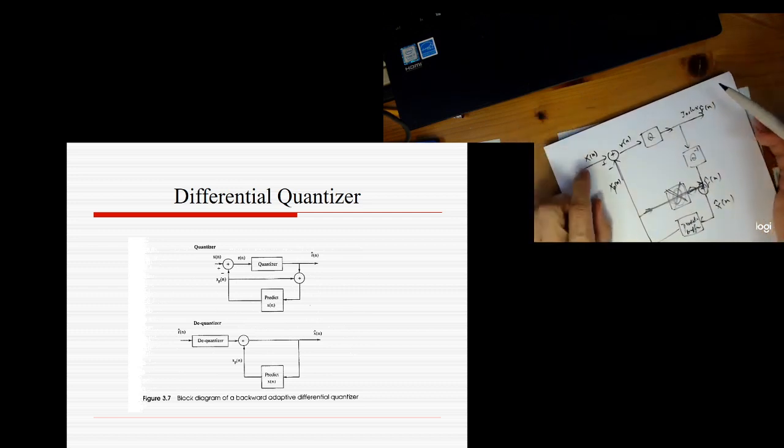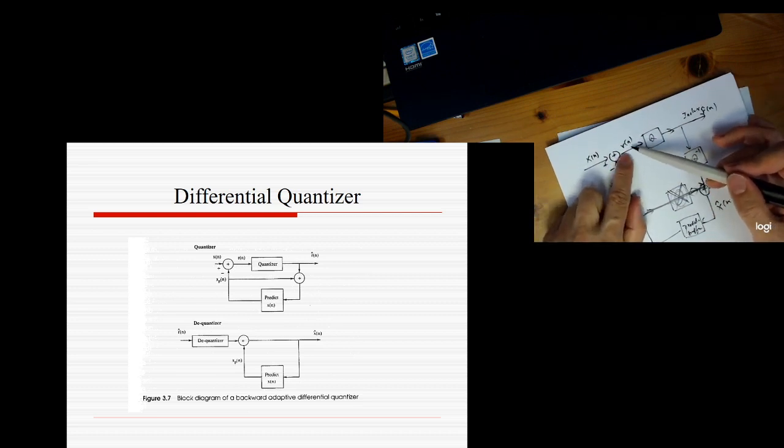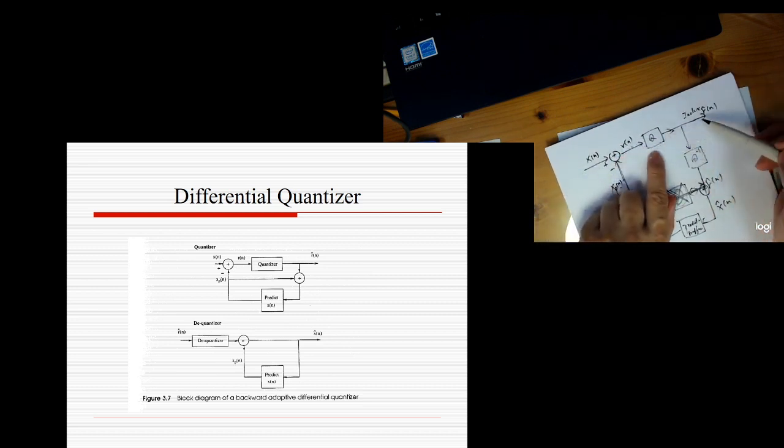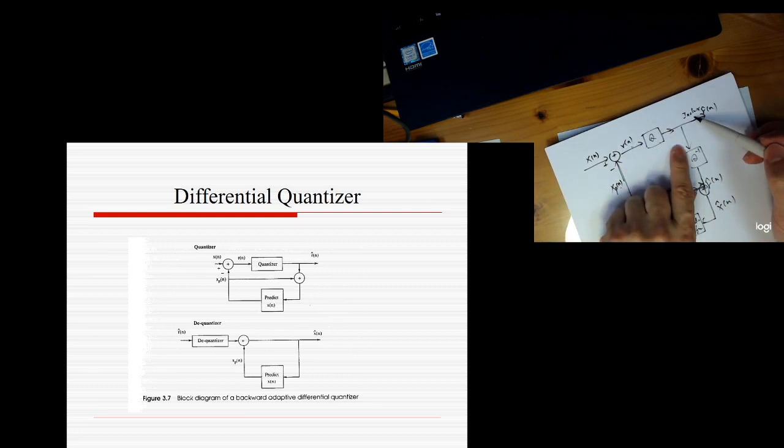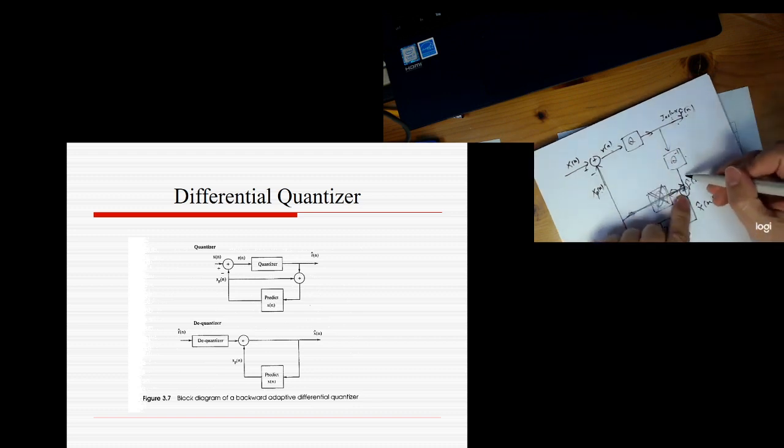Our input signal is subtracted by our prediction signal to get the residual signal, and we do the quantization. Through the channel we encode the bits, the index of our quantized residual signal. Then we do table lookup and recover R hat of n.